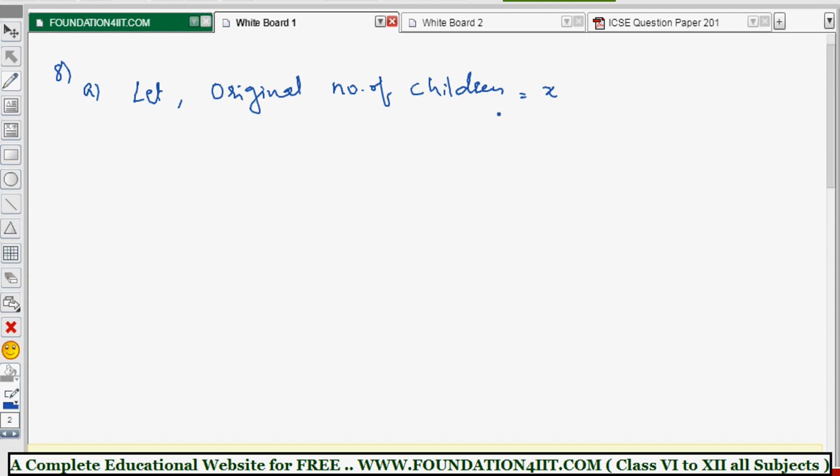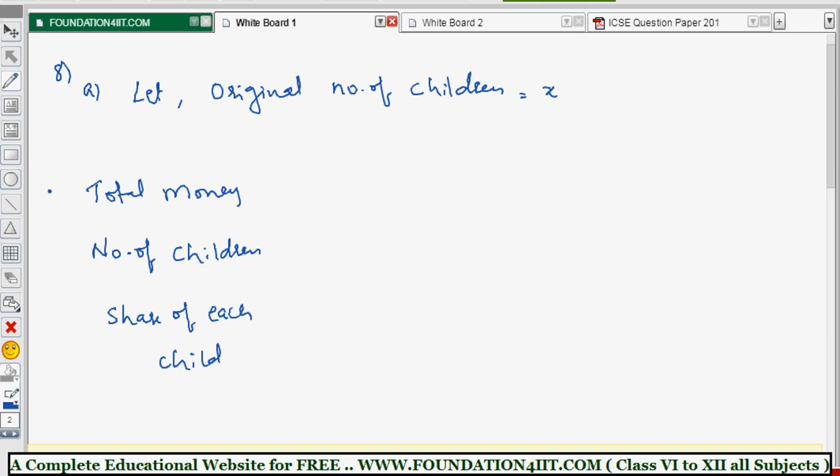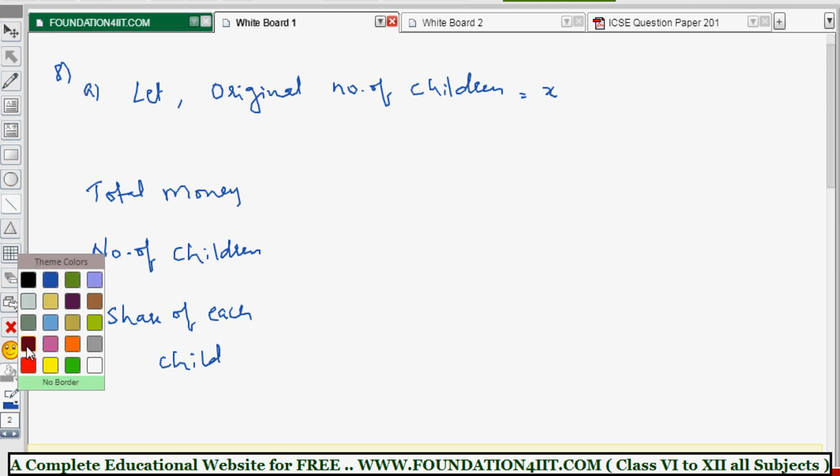So according to the question, the total money and number of children. Let me explain in tabular form, table-wise, for clear understanding. Number of children, share of each child. Okay, we'll see here.